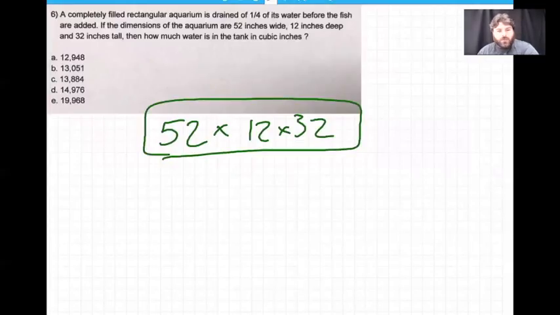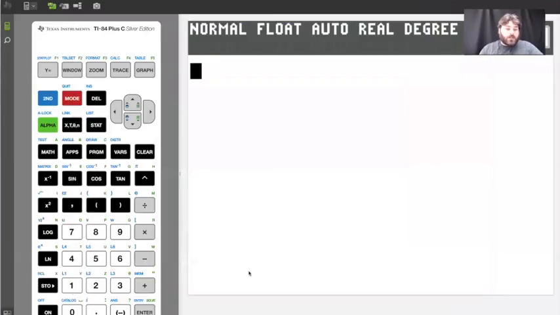But then we remember that we drain 1/4 of it. So 1/4 of that goes away. So if you take out 1/4, how much is left? There was 4/4, right? And you took away 1/4, that leaves you 3/4. So really I want to know what 3/4 of this is. So I do 3/4 of, and of means multiply. So I just basically need to find 3/4 times 52 times 12 times 32.